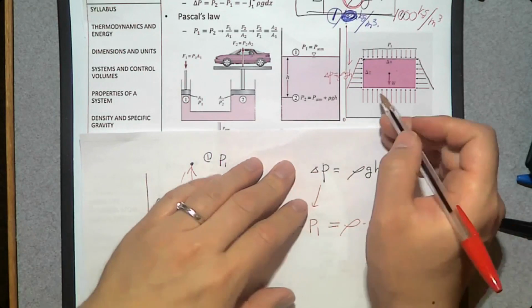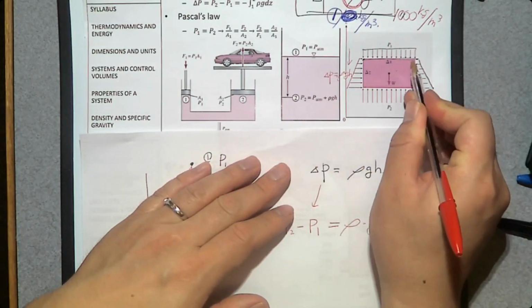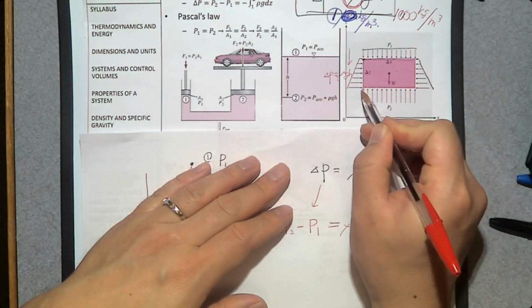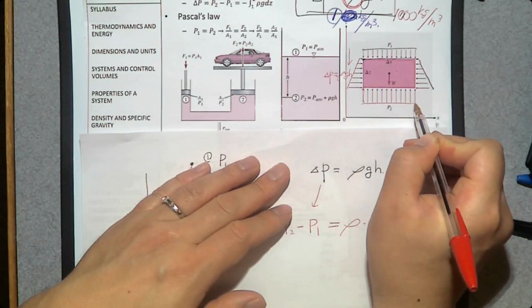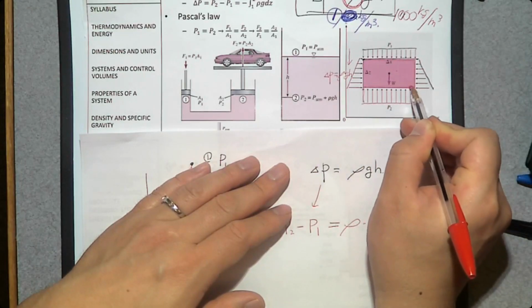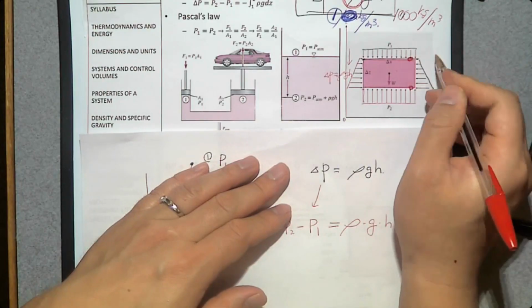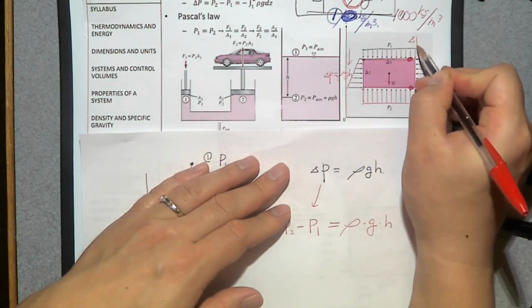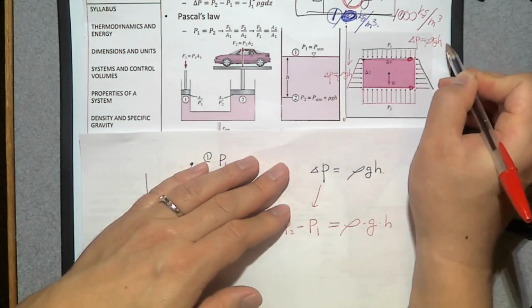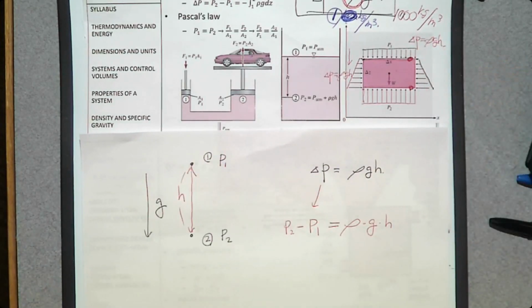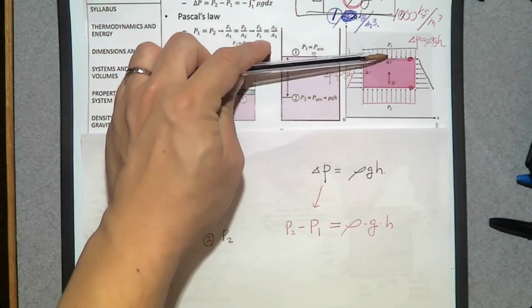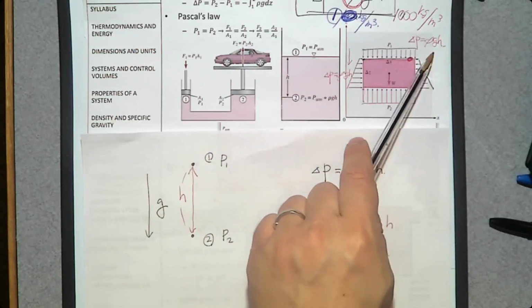And if you look at the bottom of this rectangle, you can see the longer arrow, meaning the pressure at this surface is greater than the pressure on top of this rectangle by delta P is rho gh. Okay, so the difference in pressure between this location and this location is going to be rho gh.